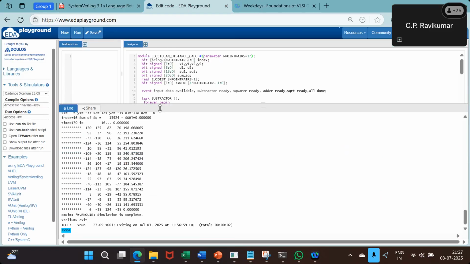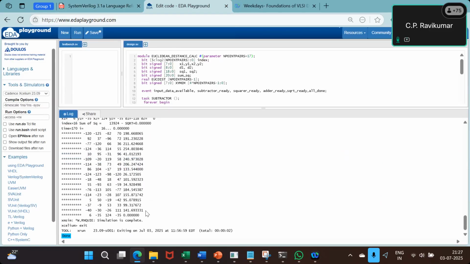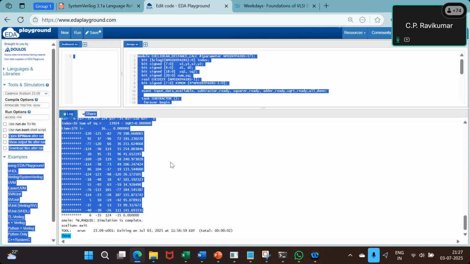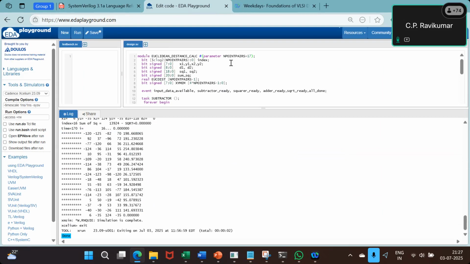Okay. So this is a cheating way. I mean, if you want 16, you declare one extra. Okay, you know what I'm saying? The last memory will be all this. We are not really interested in this data, but now we got all the correct data. But that is not the right thing to do.